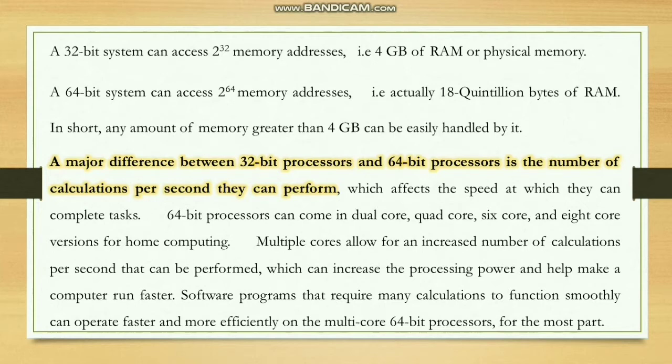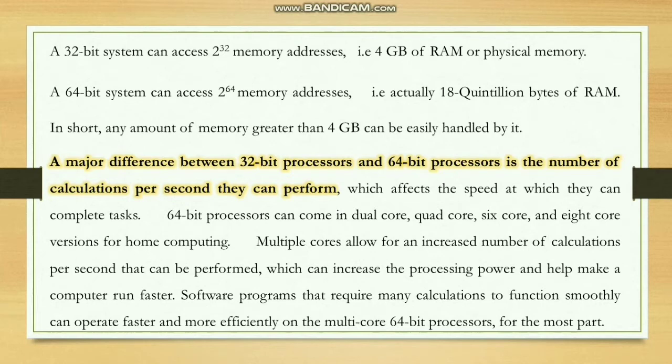Look here, a 32-bit processor could handle a bulk, and a 64-bit processor is handling data per second much more faster than the first one.